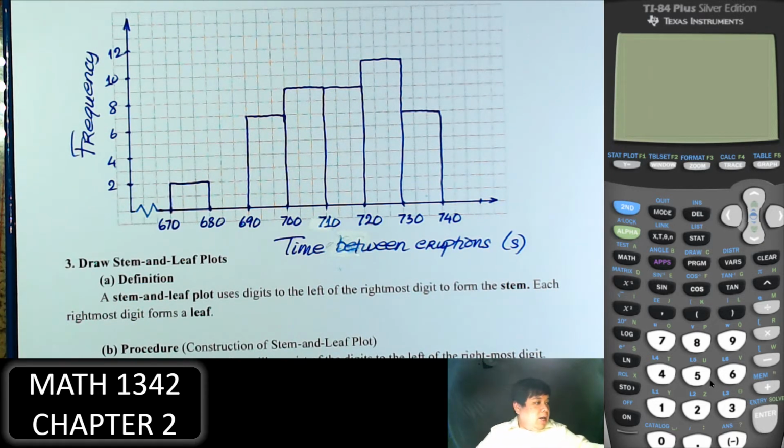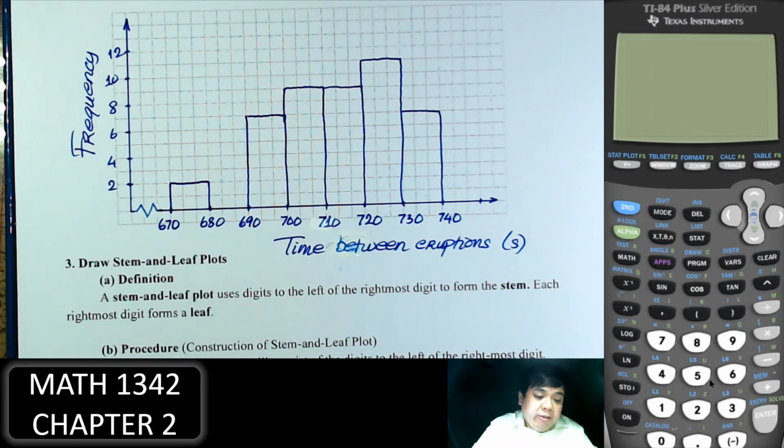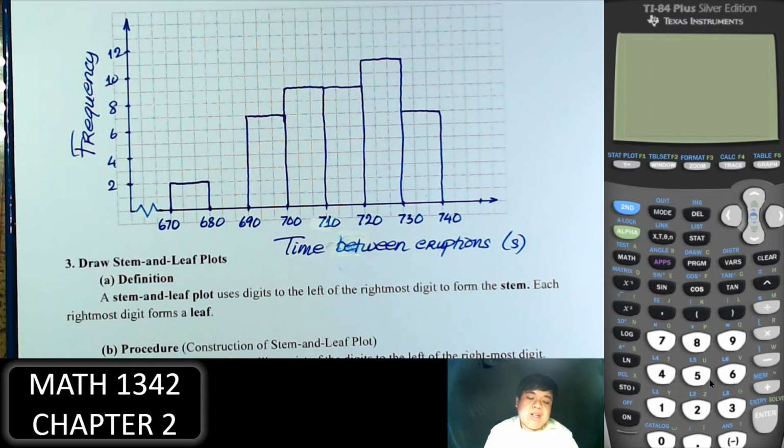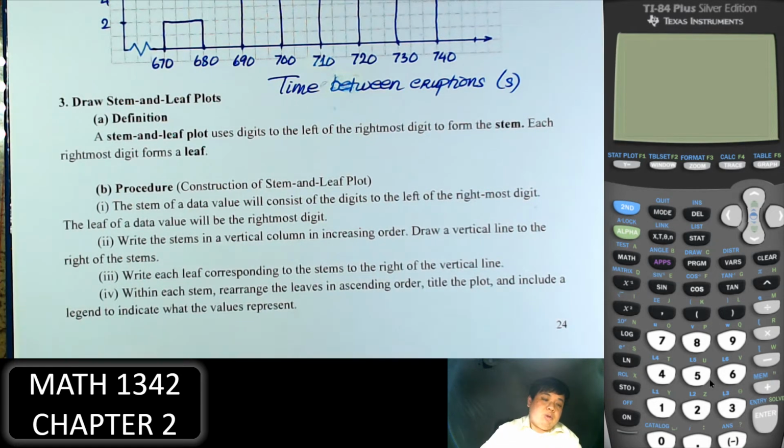Next, we use the stem and leaf plots. A stem and leaf plot uses the digits to the left of the rightmost digit to form the stem, and its rightmost digit forms a leaf. And these are the steps to do it. The stem of data values will consist of the digits on the left of the rightmost digit.